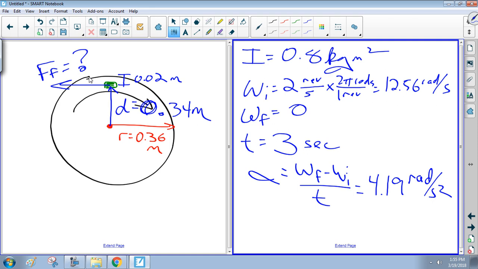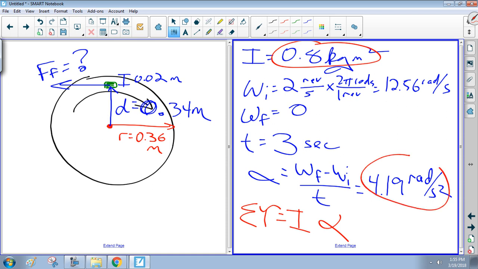So, I think we can now do net torque equals I alpha. I know my I because the problem gave it to me. I know my alpha because I just found it. Multiply those, and your net torque will give you 3.35 newton meters.